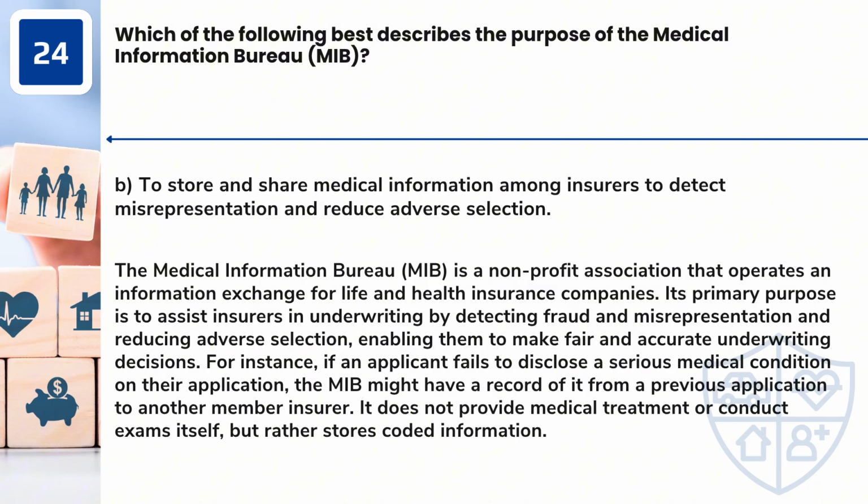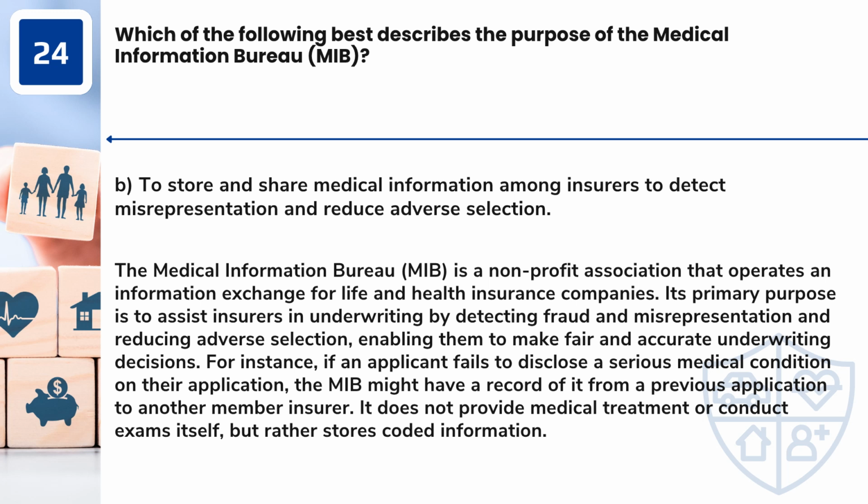Answer: B. To store and share medical information among insurers to detect misrepresentation and reduce adverse selection. The Medical Information Bureau, MIB, is a non-profit association that operates an information exchange for life and health insurance companies. Its primary purpose is to assist insurers in underwriting by detecting fraud and misrepresentation and reducing adverse selection, enabling them to make fair and accurate underwriting decisions.